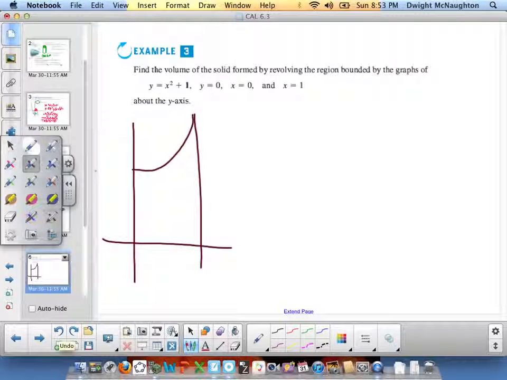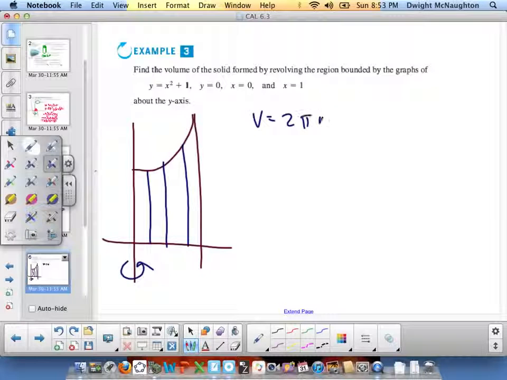All right. So as we go around the y-axis, now again, we want our lines so that we don't have to go backwards from the function. We don't have to solve for x, so we have it in terms of y. In this case, it's best to do it in shells. All right, so if I do it in shells, the volume will be 2 pi r h times however wide we make our shells.